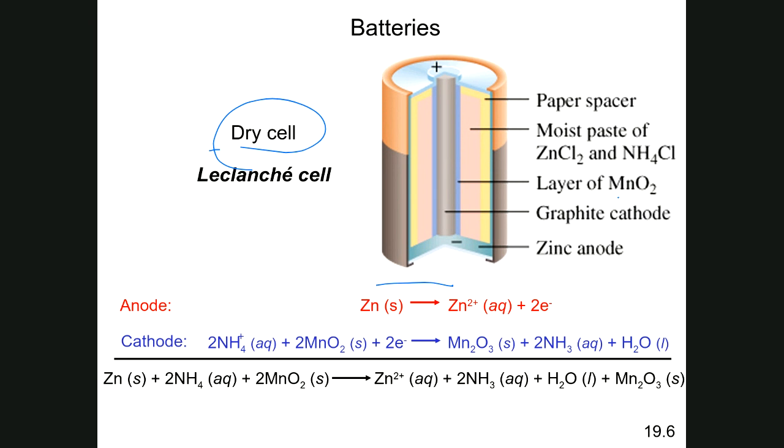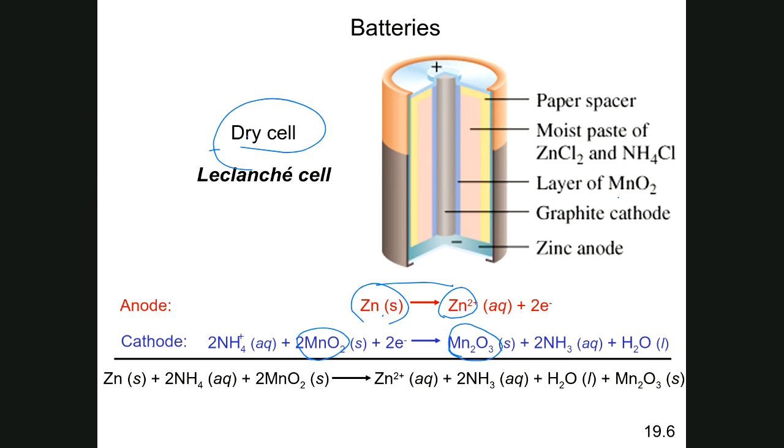So manganese from MnO2 is changing to Mn2O3, and the zinc solid is changing to zinc 2+. So we have the oxidation and reduction taking place within the battery. This is for the dry cell.